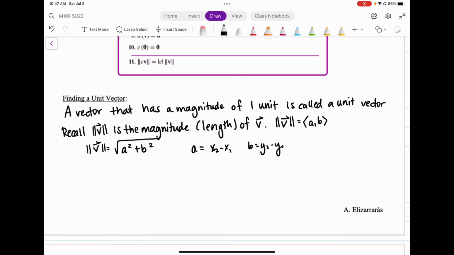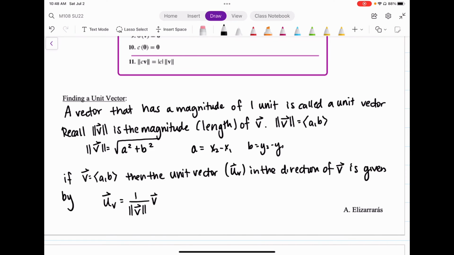To find the unit vector, we take our component form and we multiply it by 1 over the magnitude of v. And we're going to denote the unit vector with a bold u and a little v. If vector v is equal to the component form a, b, then the unit vector u_v in the direction of the vector v is given by taking 1 over the magnitude of the vector v times the vector v.